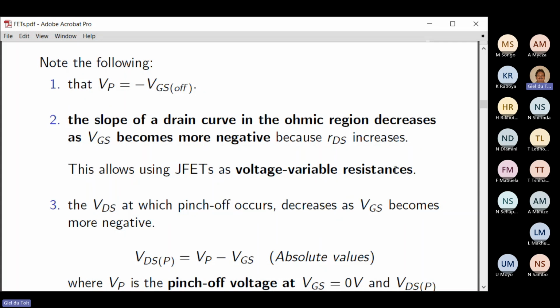So we can make a potentiometer or a variable resistor, which is now, for the first time, electronically controlled. So we control it with a voltage, and if the voltage is -5 volt, a very high voltage, that resistance is very high, and when we make the gate source voltage 0 volt, that resistance is very low.